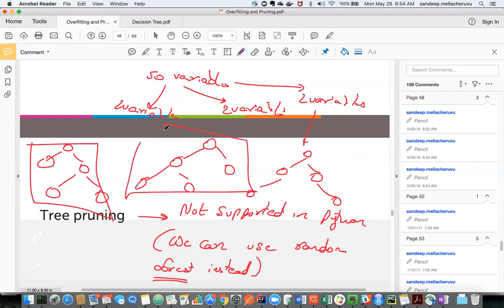But my answer for this is, this guy is a specialist. This guy is specialized in 2 variables, which are V1 and V2.